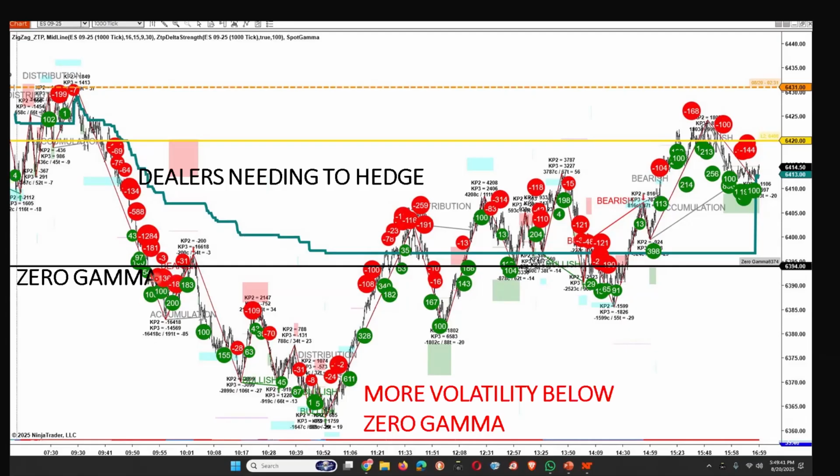Now, what's going to happen is if people had puts, those puts are suddenly worth a lot more money. And what they can do is roll those puts down. And that's a lot of times what we see at these large support levels.